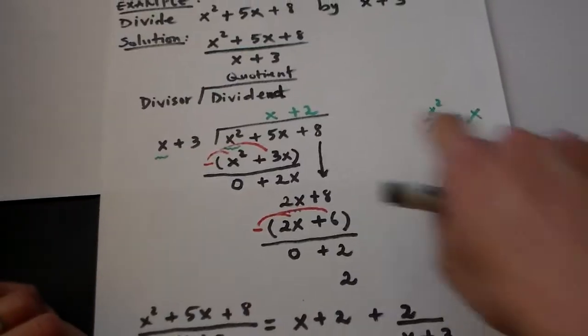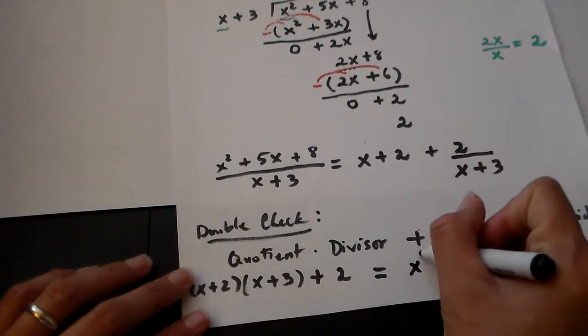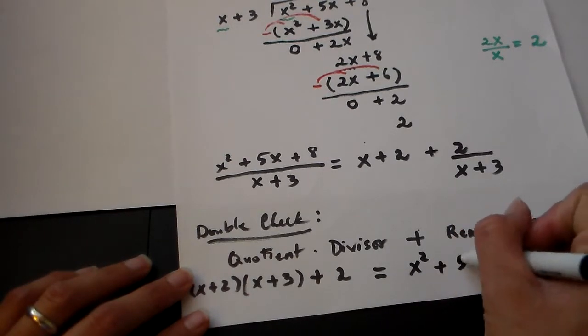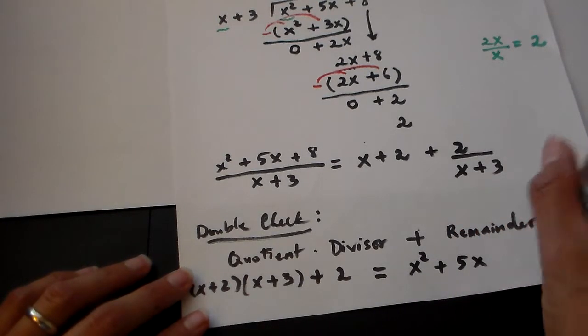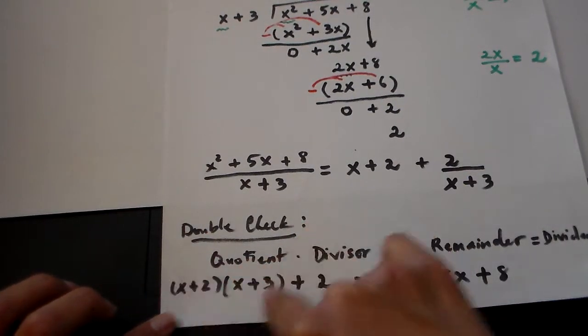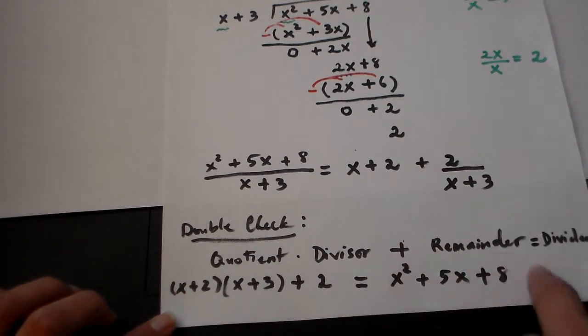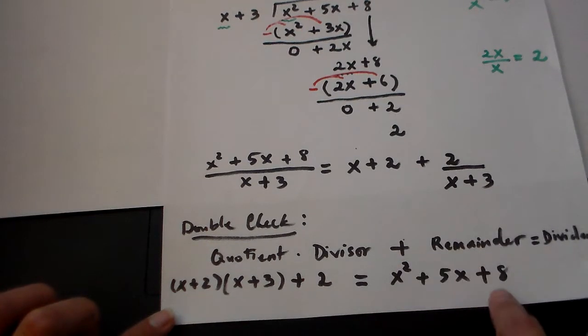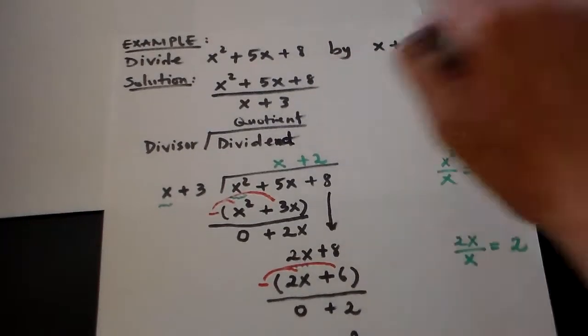The dividend is here, which is the numerator, x squared plus 5x plus 8. Okay. Multiply this out and add 2. You should get this result, which is the dividend or the numerator.